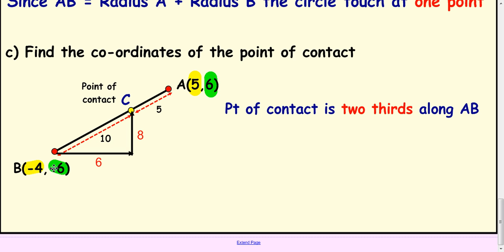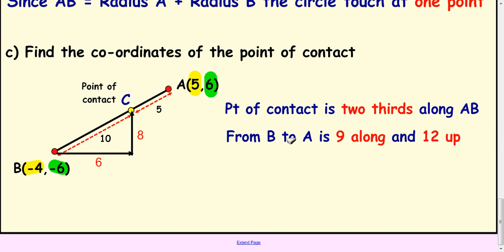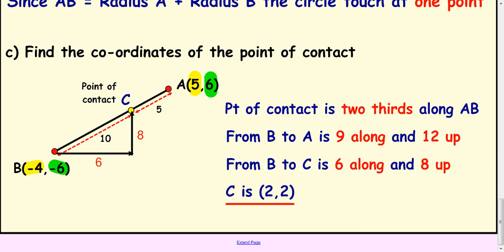So if we're at negative 4, negative 6, we go along 6 places, so the x coordinate is going to be 2, and then you go up 8 places from negative 6, and that's also going to be 2. So from B to A is 9 along and 12 up, so from B to C is 6 along and 8 up, and so C is 2, 2.